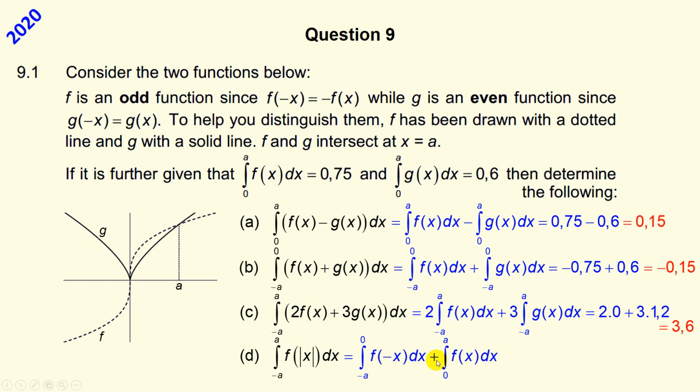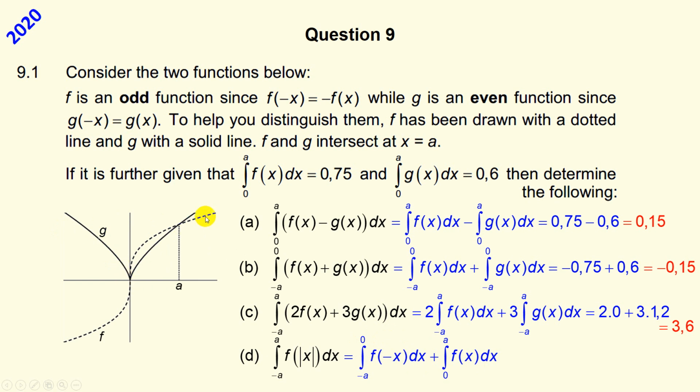And plus, from 0 to a is just the same, f of x. There it is there. Now, this here, f of negative x and f of x. F of negative x is just this dotted line graph swung across to the other side. So it's actually a duplicate.